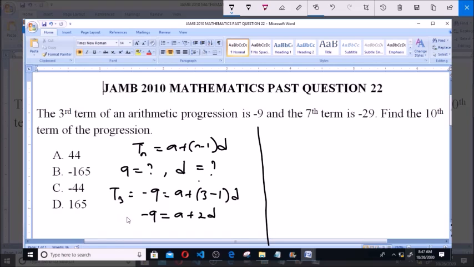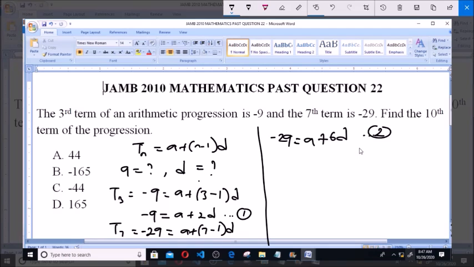The seventh term is minus 29, meaning that T7 is equals to minus 29, which is equals to A plus 7 minus 1 multiplied by D. That is minus 29 is equals to A plus 6D. Let's call this equation 2.